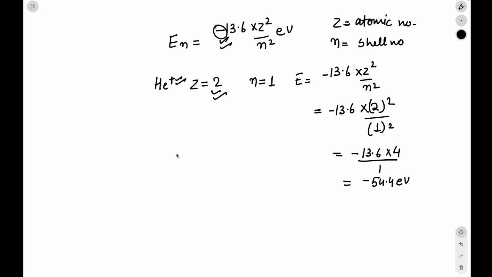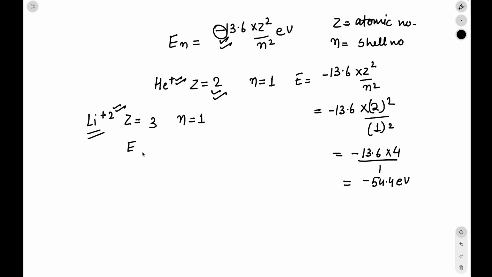In the same way, in case of lithium plus 2, the atomic number of lithium is 3. And because there is a plus 2 charge, it has lost its 2 electrons. So only 1 electron is left in the first shell of an atom. The value of n will be 1.